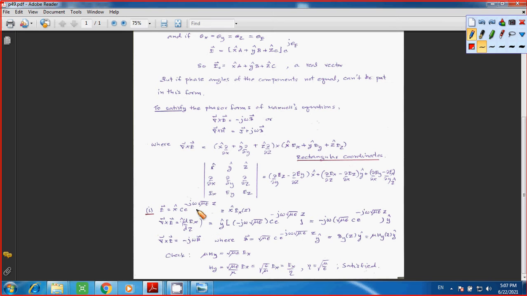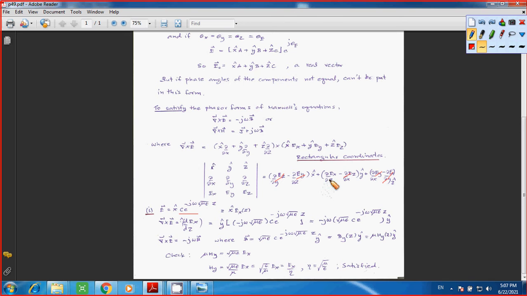Since you have only an x component, you have only Ex, so the Ey and Ez terms drop out. And since your Ex depends on z only, the other term also drops out.